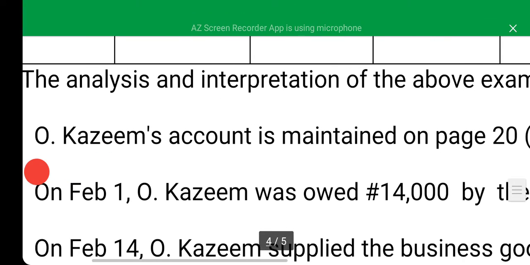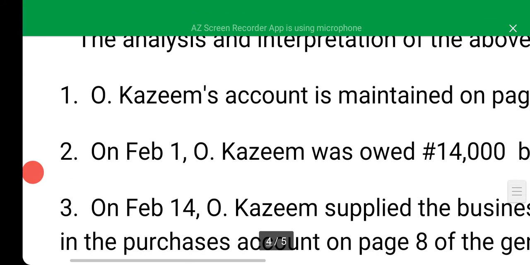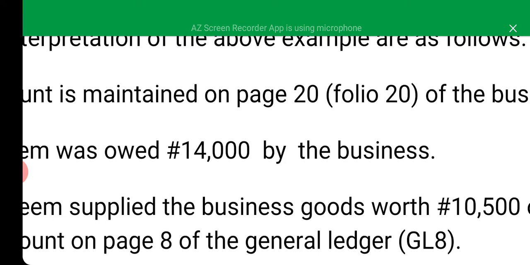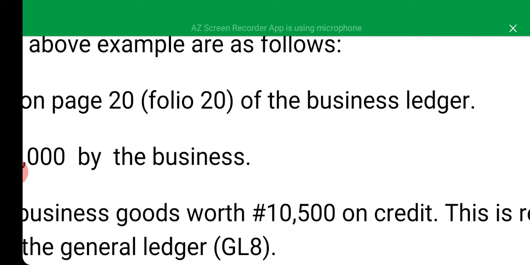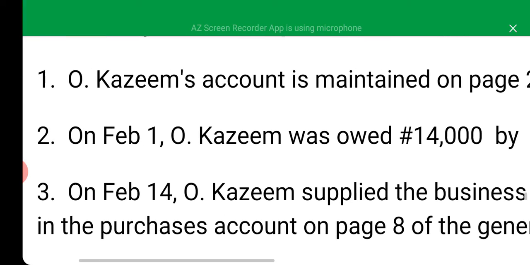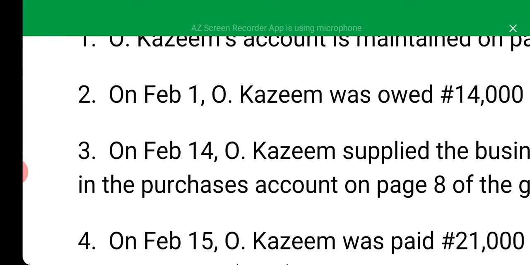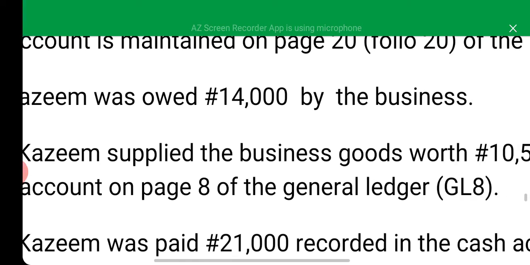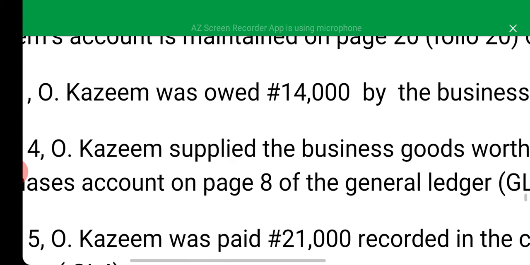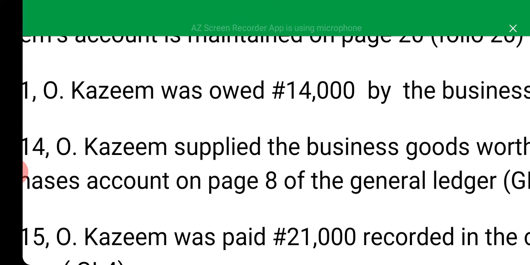Let's look at the interpretation and the analysis. One, O Kazim's account is maintained on page 20 of the business ledger. Then on February 1, O Kazim was owed 14,000 by the business, and that is the balance brought down.